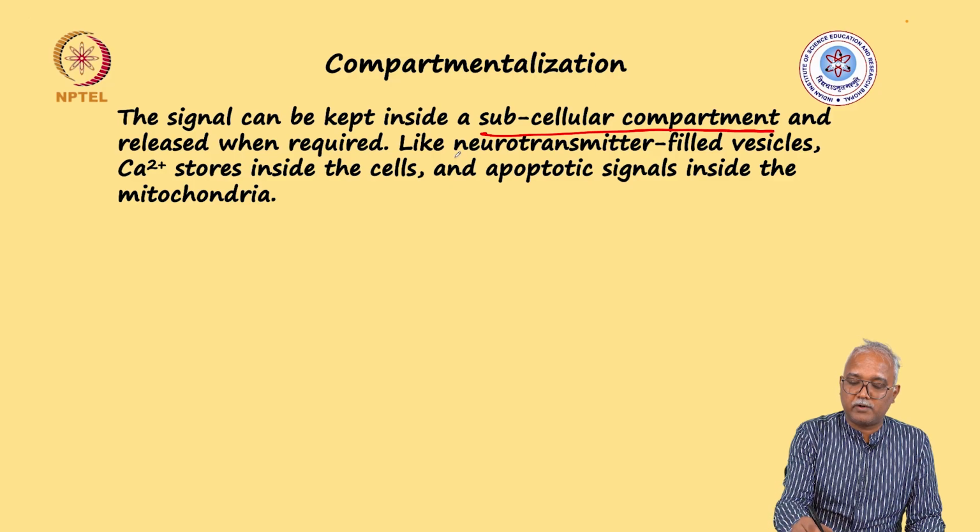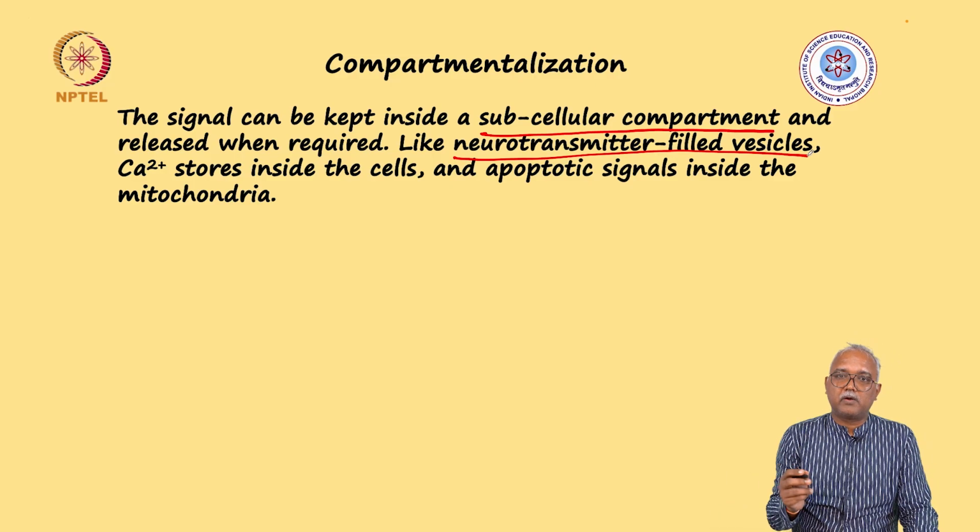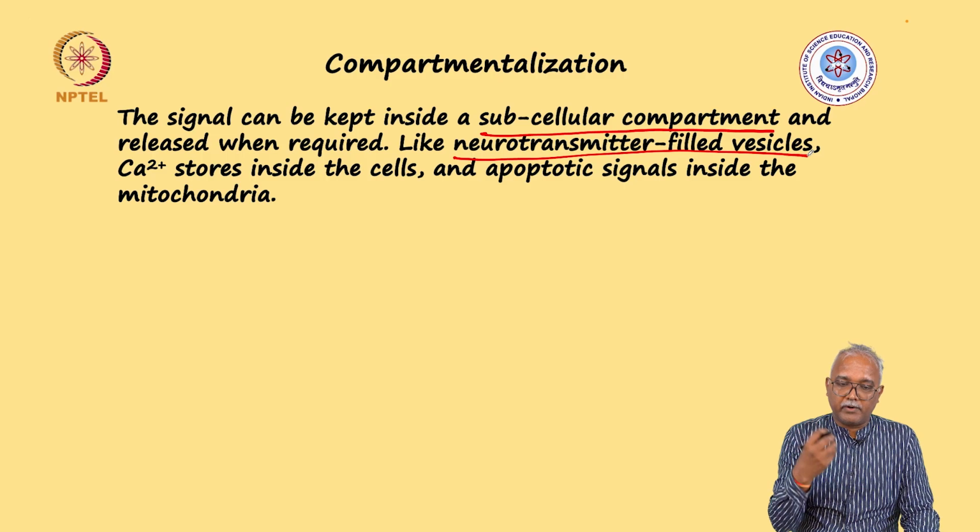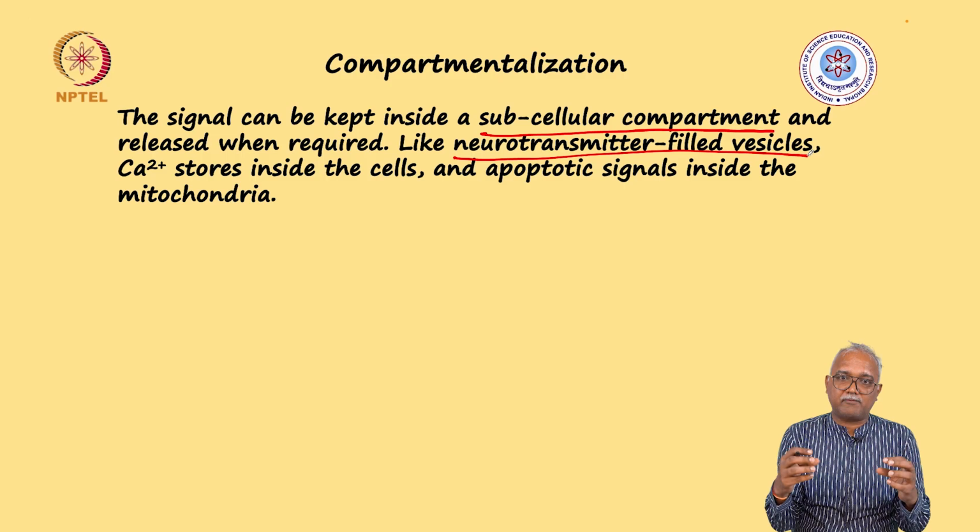Like in the case of neurotransmitter release, we know that neurotransmitter-filled vesicles are present in the membrane vicinity, but they do not fuse and they do not release the content, which is neurotransmitter.